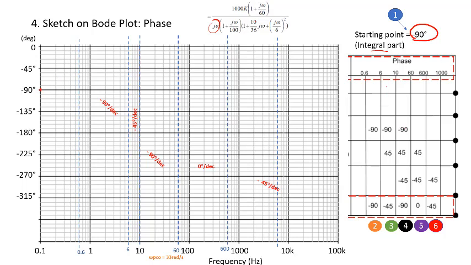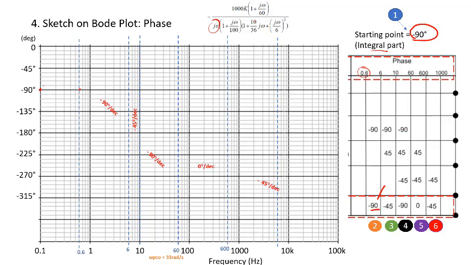Again, for the corner frequencies, we have 3 values for each factor. We will start from 0.6, which is somewhere here. From here there is a slope according to this value.